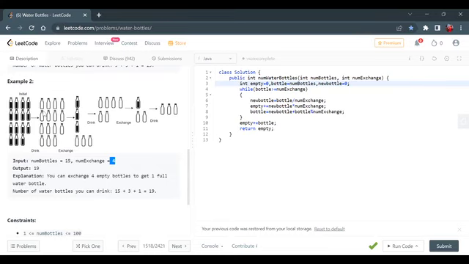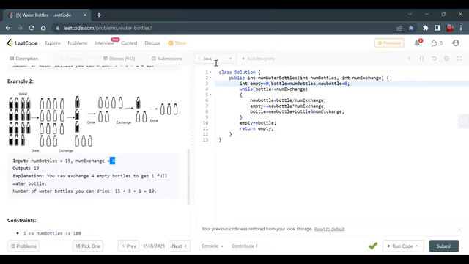So 12 bottles plus 4 bottles, which I emptied here, 16 bottles in total.